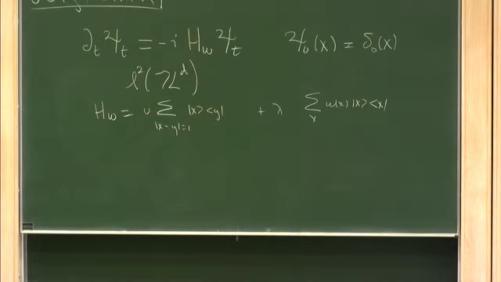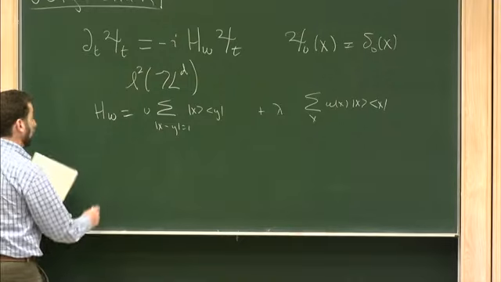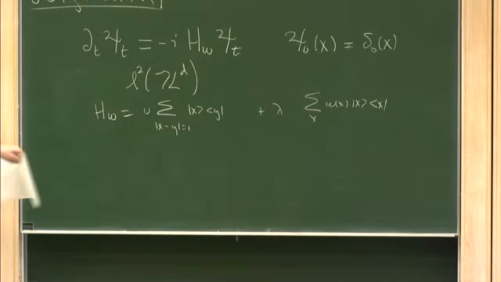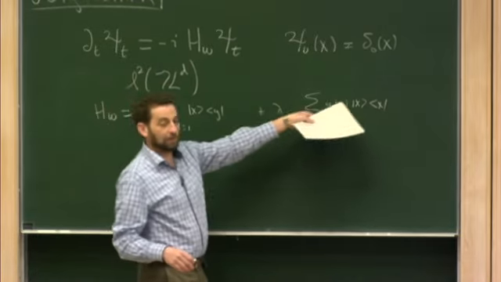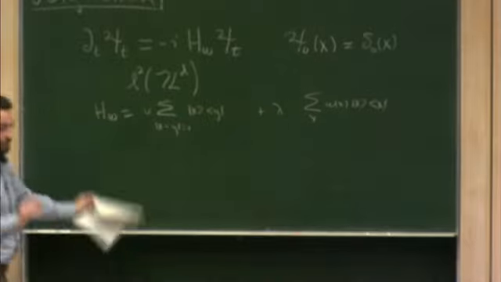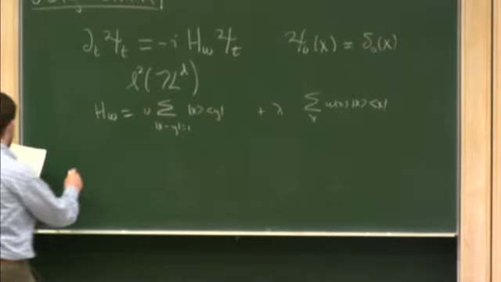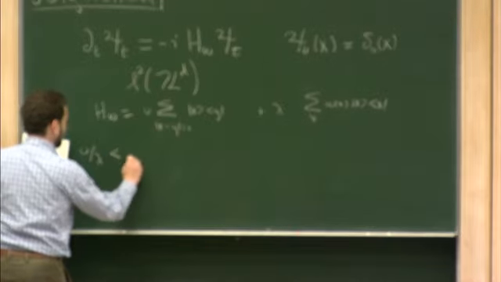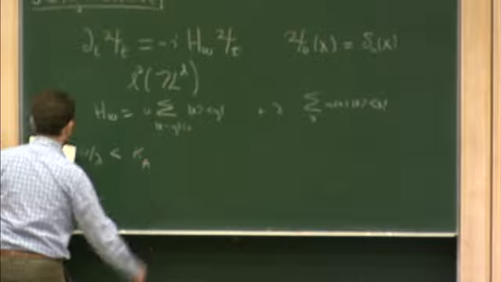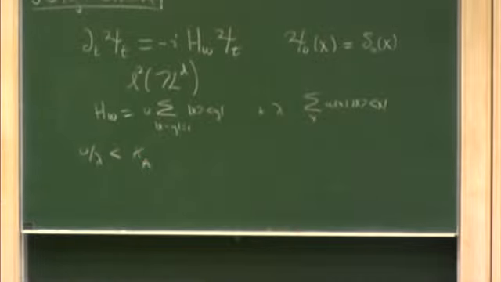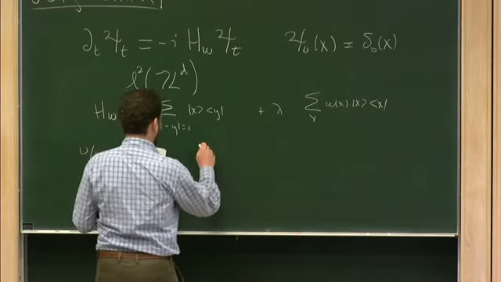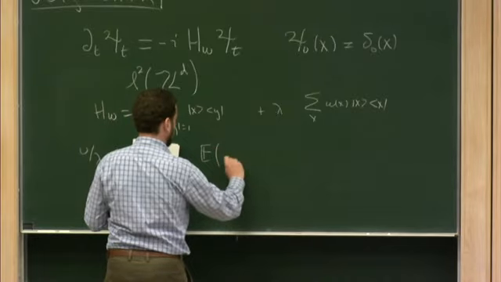And of course, it's very well known that under suitable assumptions on the random potential here, say maybe they're independent, identically distributed with a nice enough density, that if U over lambda is sufficiently small, some parameter, which I've labeled kappa sub A for Anderson, then we actually have exponential localization.